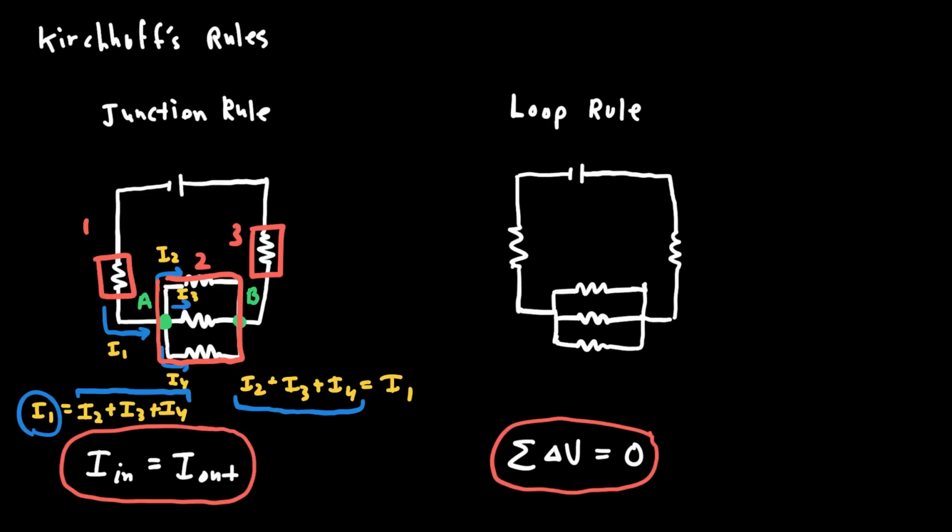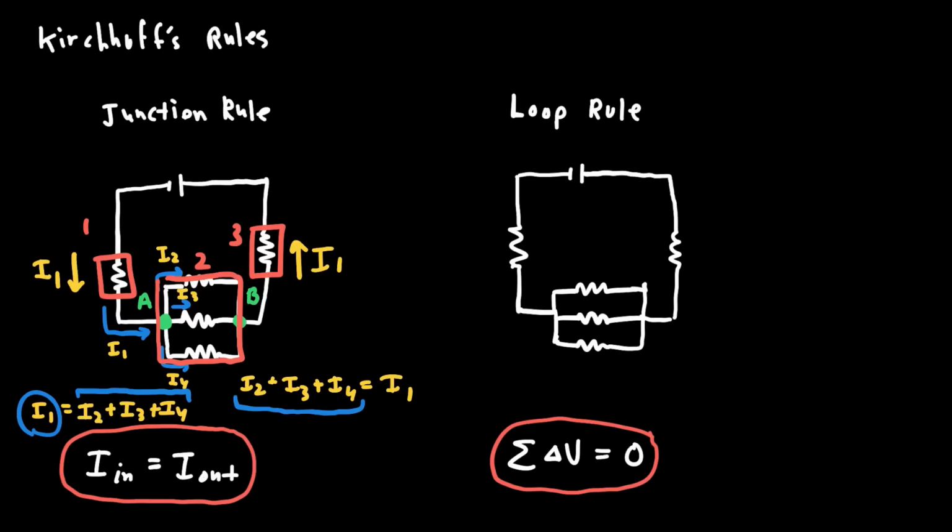And so if the current through this red box on the left is I1, then the current through this box on the right must also be I1. Therefore, all of the currents within that box number 2 in those three resistors needs to add up to I1. So that's how the junction rule might be applied.